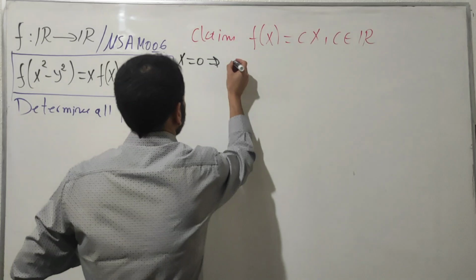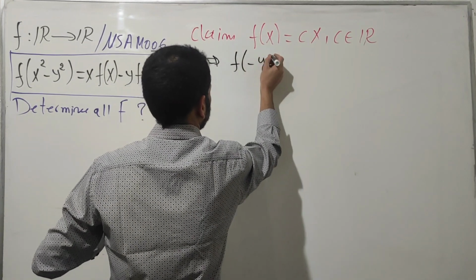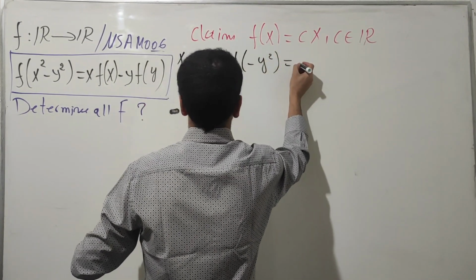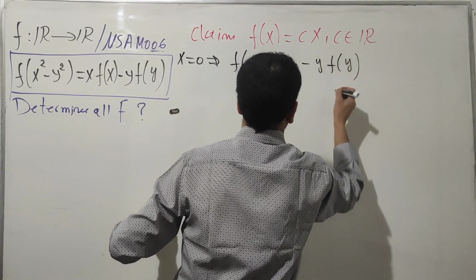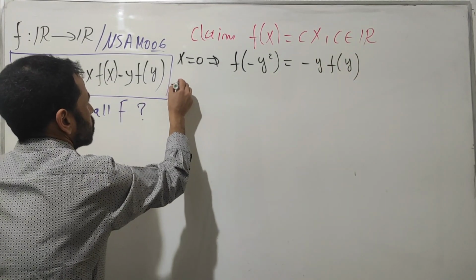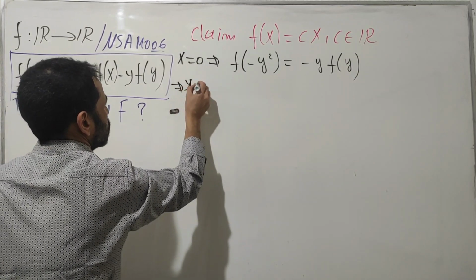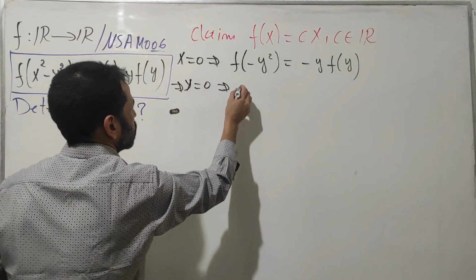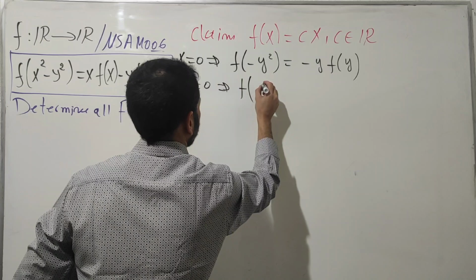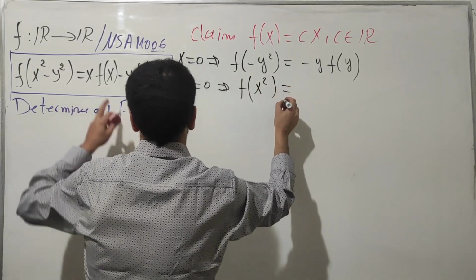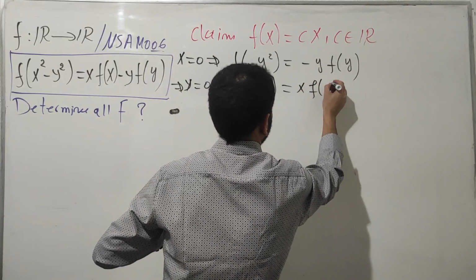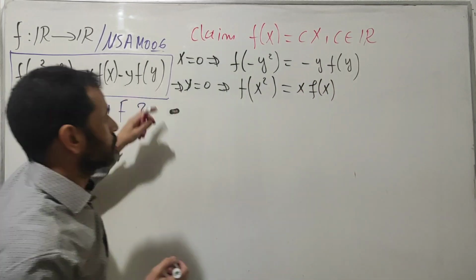I get f of (minus y squared) equals minus y multiplied by f of y. Now let's put y equals 0 and leave x free, which means I get f of (x squared) equals x multiplied by f of x. This one is going to be 0.